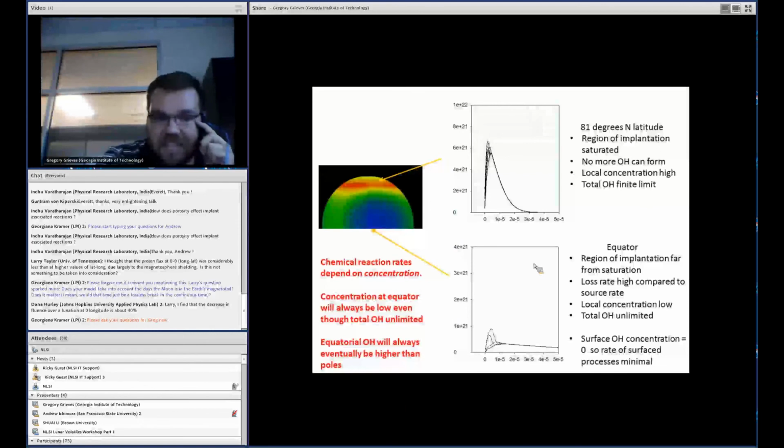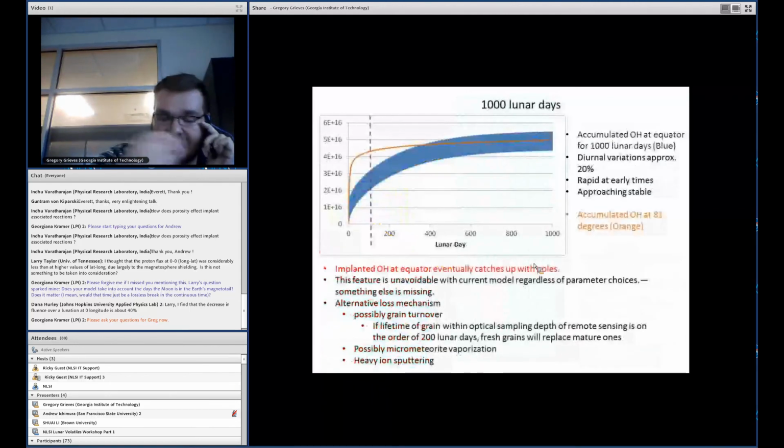In other words, because chemical reaction rates depend on concentration, not on total amount of OH, the concentration at the equator will always be low, even though the total OH there is unlimited due to diffusion. So equatorial OH will always essentially be higher than at the poles if considering only chemical loss mechanisms.